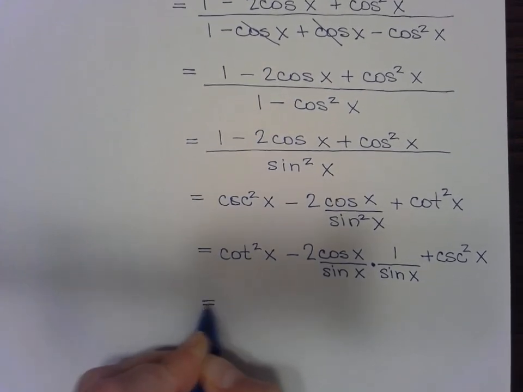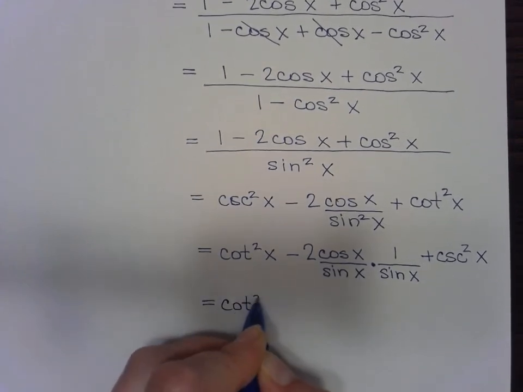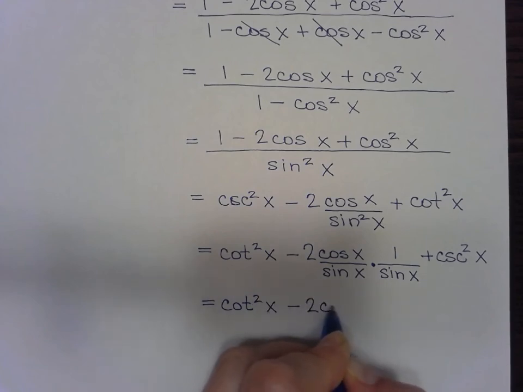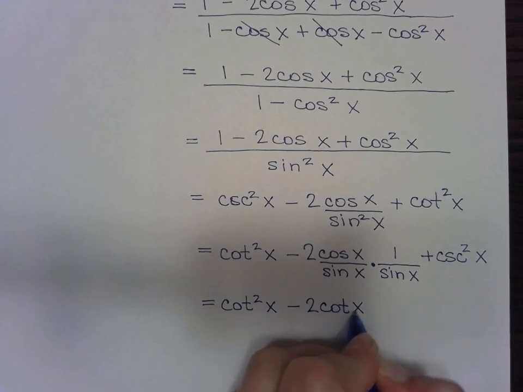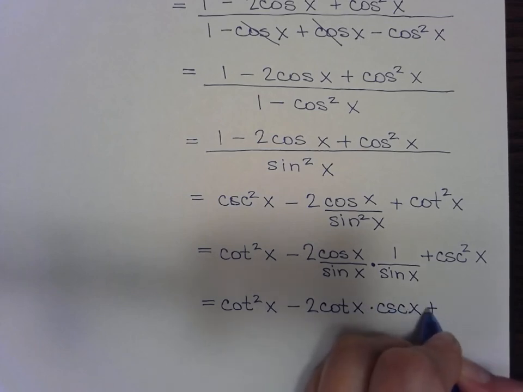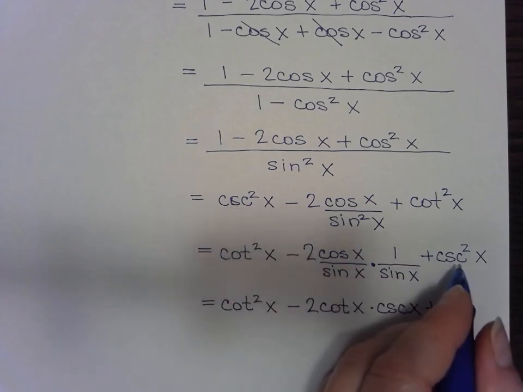Okay, so really what I have is cotangent squared minus 2 times cotangent of x times the cosecant of x, plus, remember I moved that cosecant to the back.